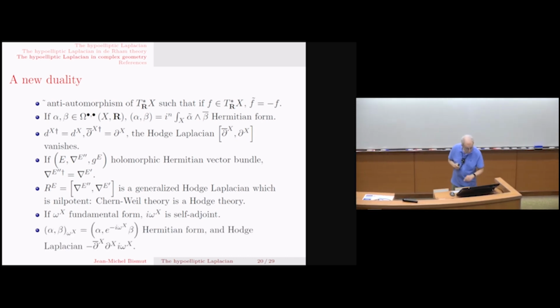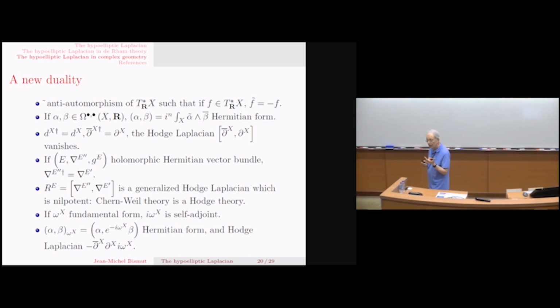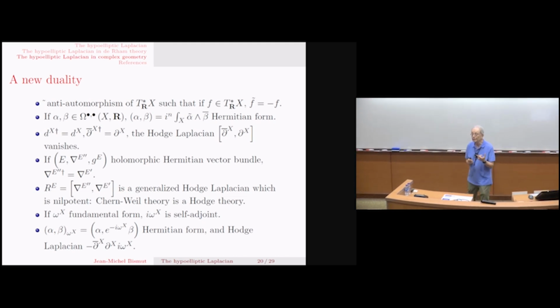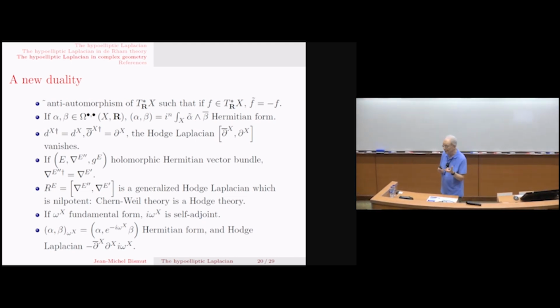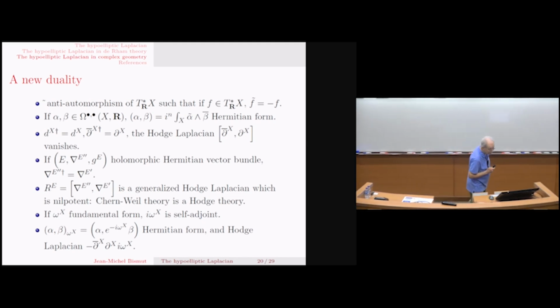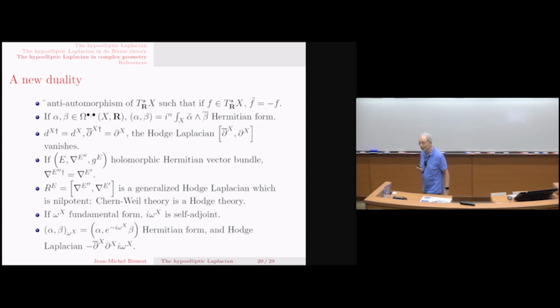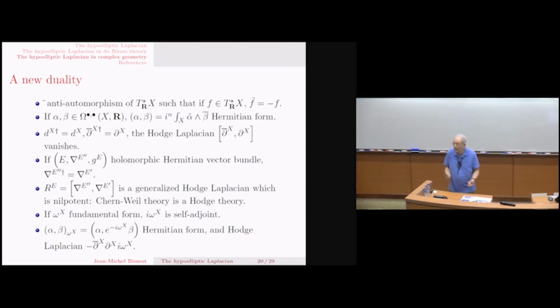So you can construct a new pairing between forms in which you introduce as a correcting factor the exponential of i omega X. This is again a self-adjoint operator. And what you find in this case is that the corresponding Hodge Laplacian, instead of being 0, is essentially the d bar d of omega X, the d bar d of the fundamental form.